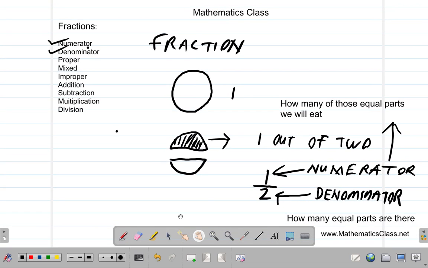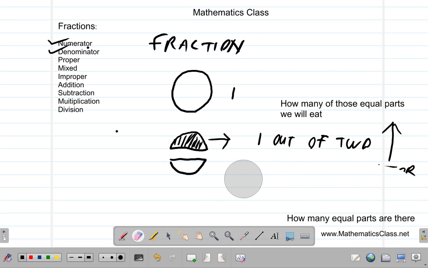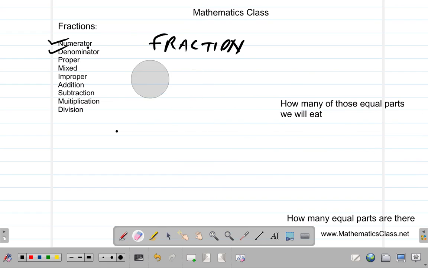Yeah, we're doing work right here in the mathematics. Now, let's look at this. The 1 out of 2 equal parts. Okay, what was this again? 1 out of 2 equal parts was written. 1 out of 2. And that's it.